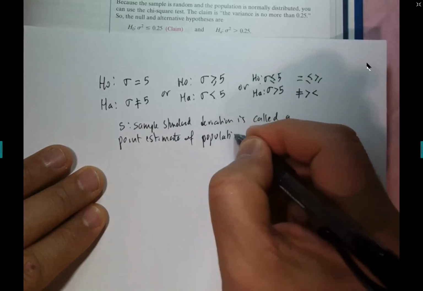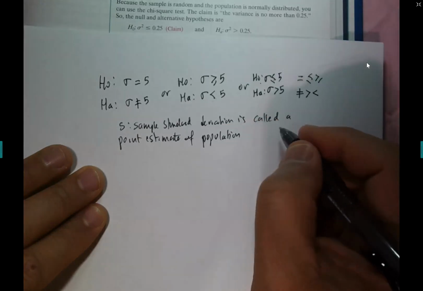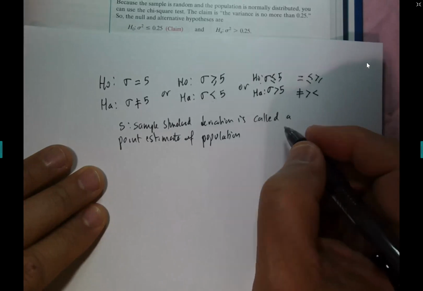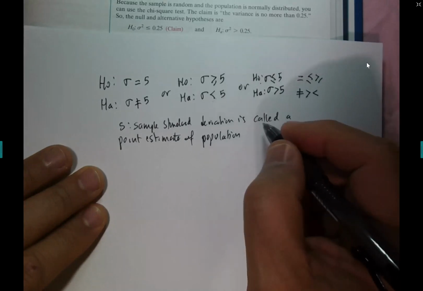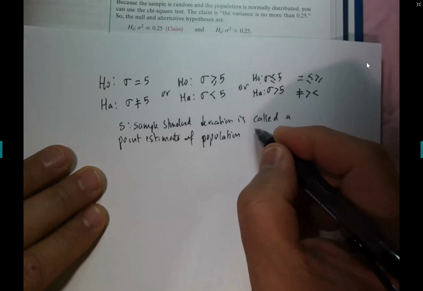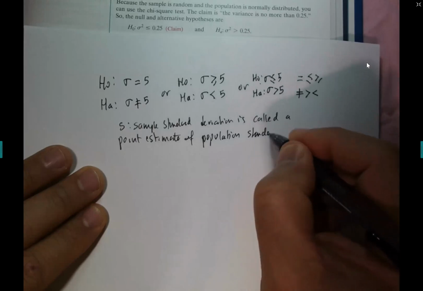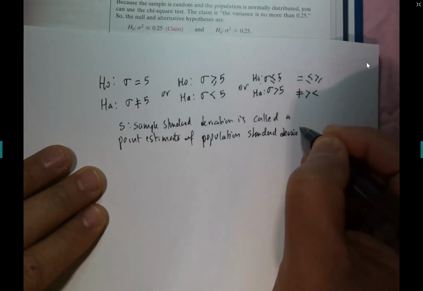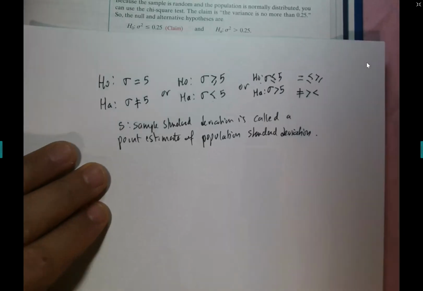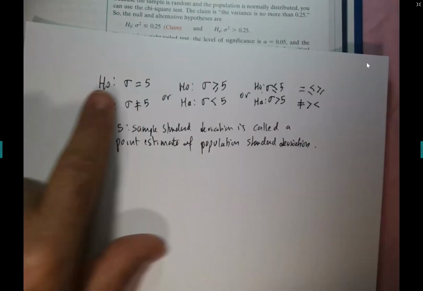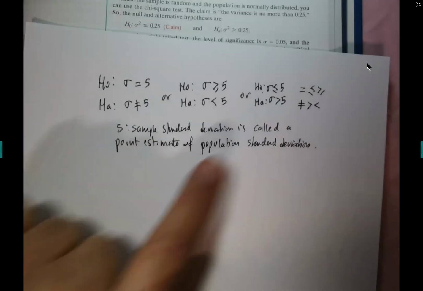Just like X bar is a point estimate of the population mean, and P hat is a point estimate of the population proportion P. So these are the three scenarios in any hypothesis test problem when you're testing the standard deviation.